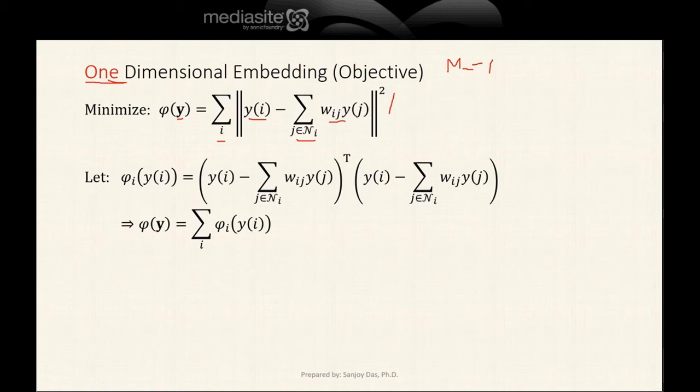Each term in the objective function is phi of yi, which is defined as yi minus summation wij yj. Actually, we don't even need the transpose here because it's simply this times itself, so it's this expression squared.